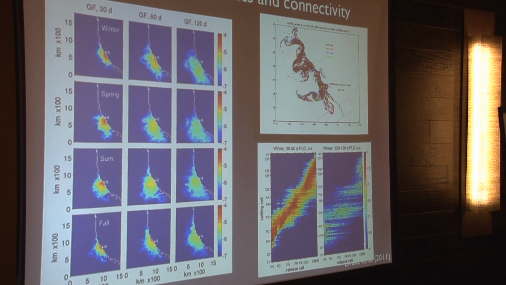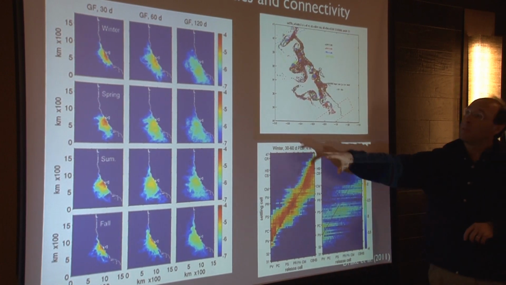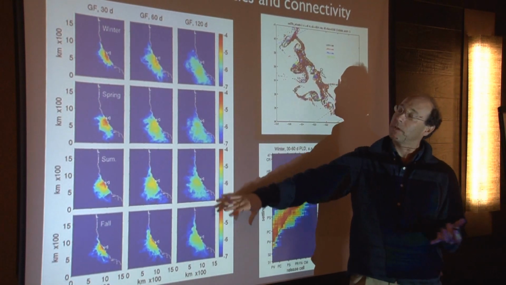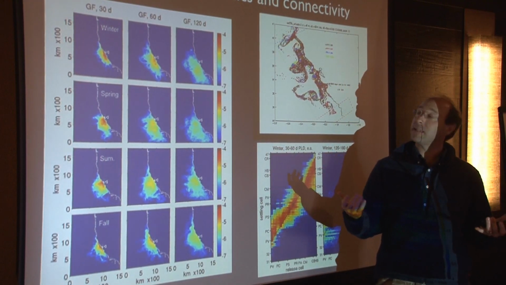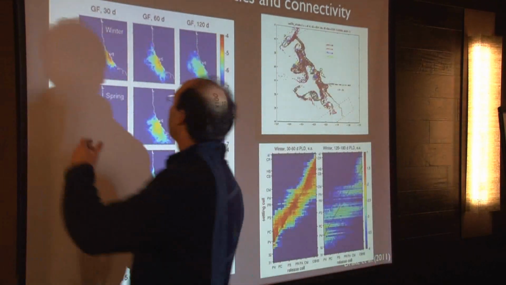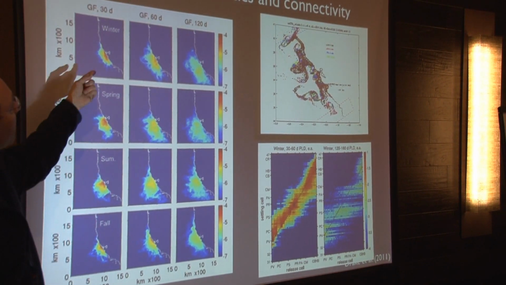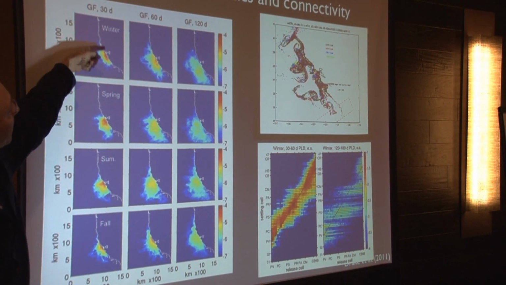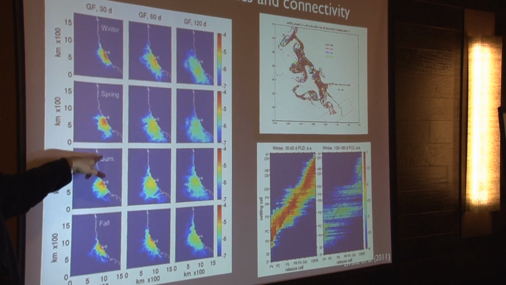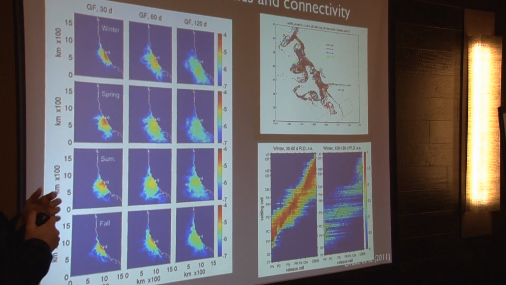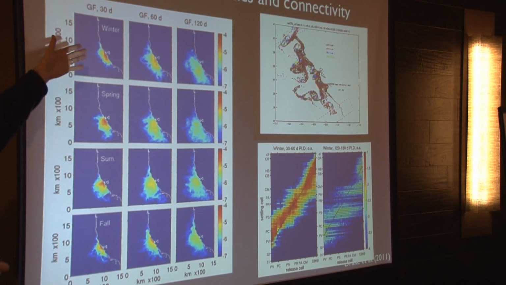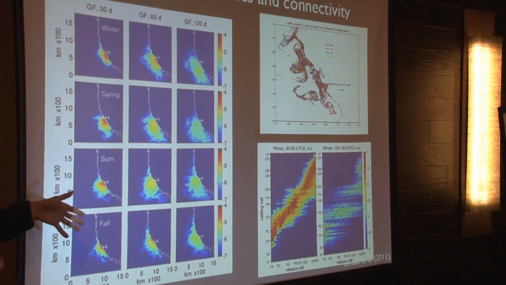We try to quantify how far these things can go by looking at what are called Lagrangian probability density functions, which illustrate in a statistical way where things go if they're released from a particular location. So here we're thinking about a release location along the central California coast, say in the Gulf of the Farallones, and asking by season of release where they go.